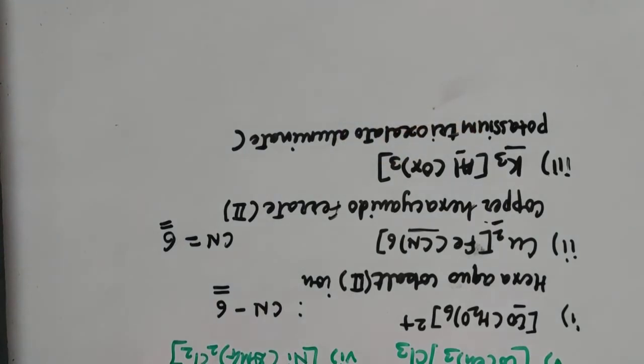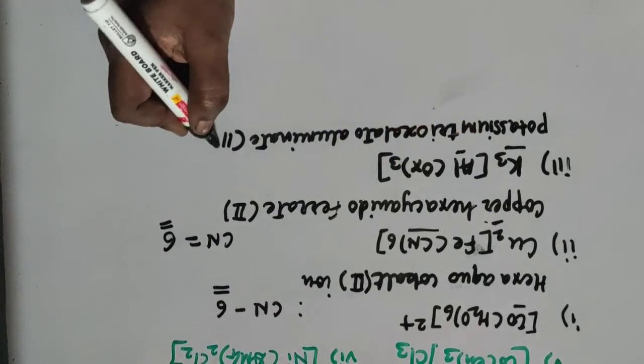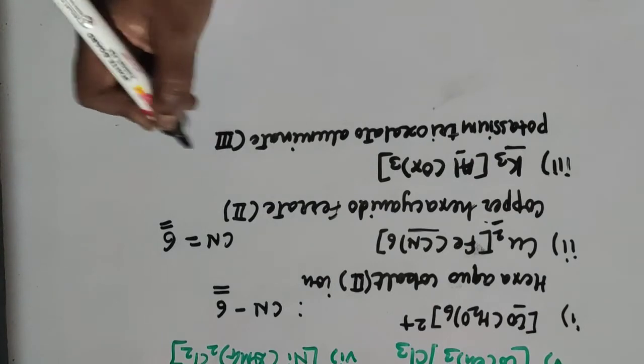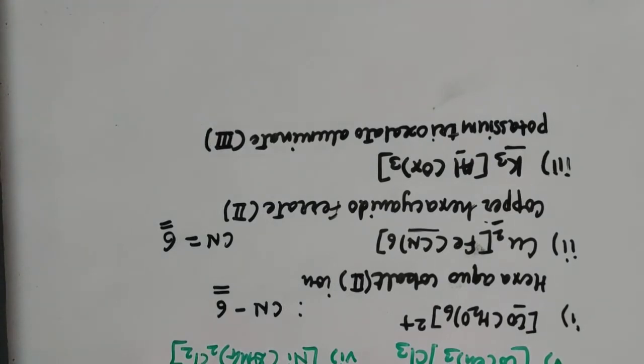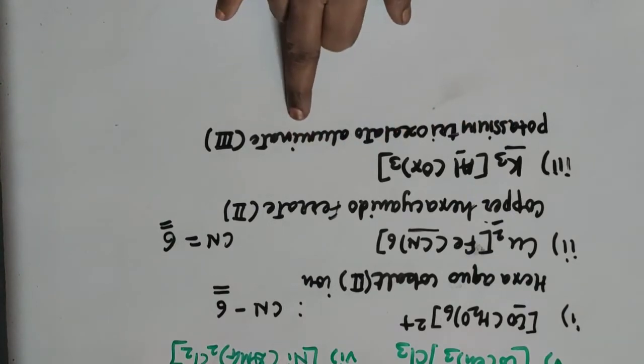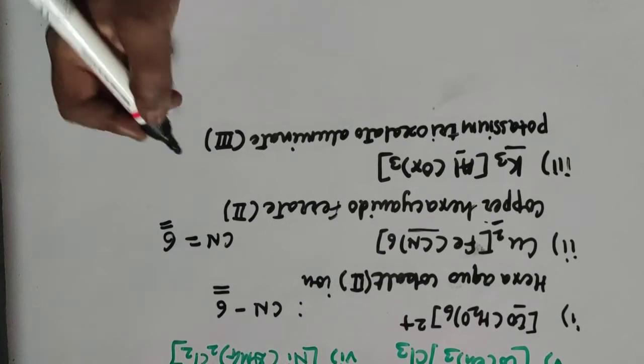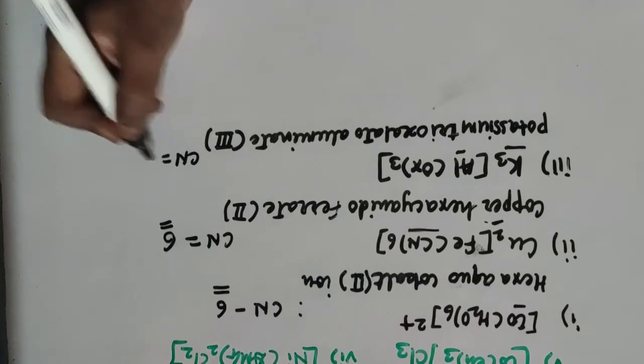So X is equal to +3, and hence the oxidation state of aluminium is 3. Write the Roman number in parenthesis. So this is the name of the complex, potassium trioxalatoaluminate(III). We'll see now the coordination number.